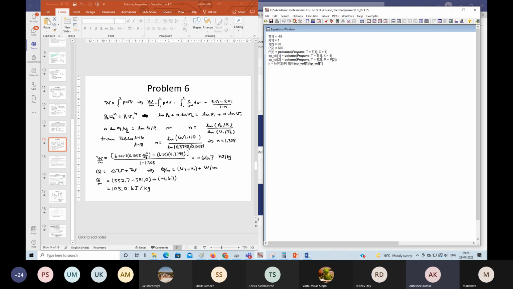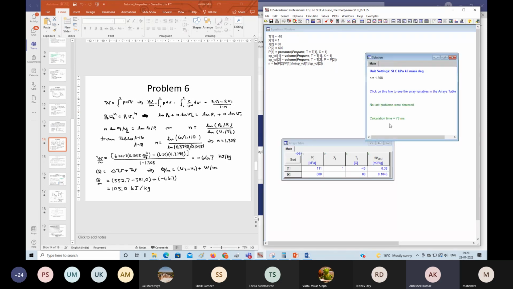Okay, then let me run. So it is giving the n value, n equal to 1.308. Yes, it is matching over here.